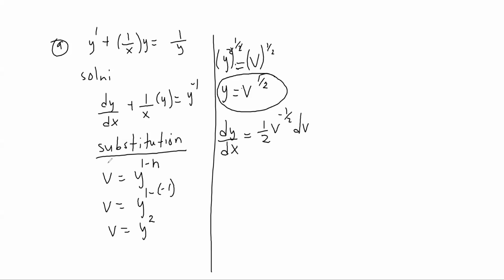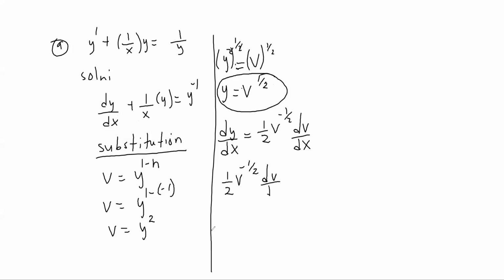I'm differentiating dv with respect to x. So wherever I see dy by dx, I'm going to replace that with this. And wherever I see y in the expression, I'm going to replace that y by v raised to the 1/2.